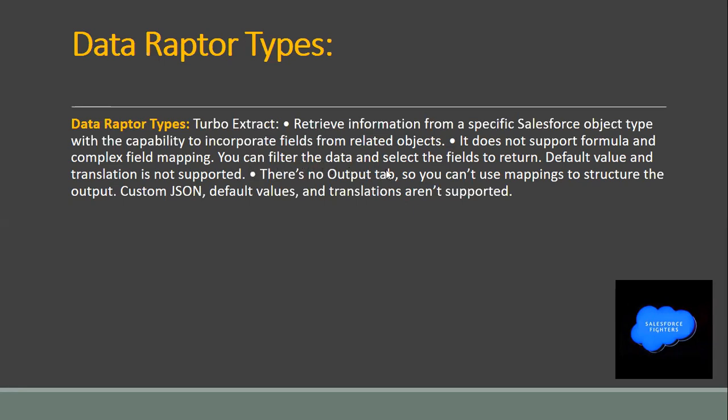You can filter the data and select the fields to return. Default value and transformations are not supported. There is no output tab, so you can't use mapping to structure the output as JSON. Default value and transformations are not supported.